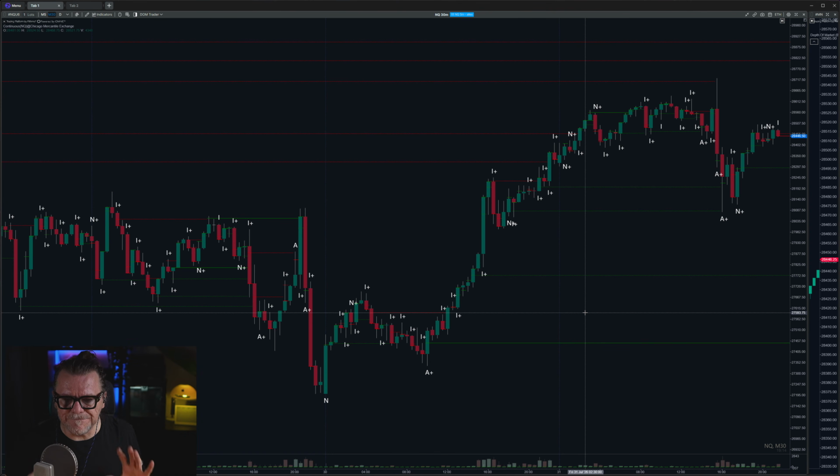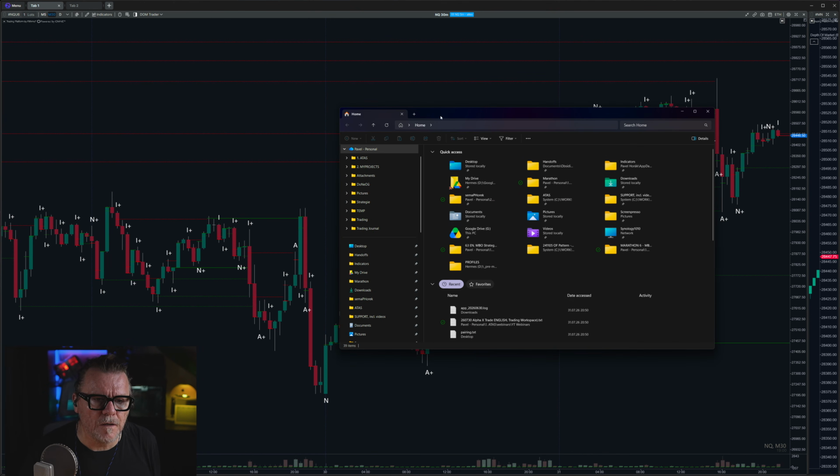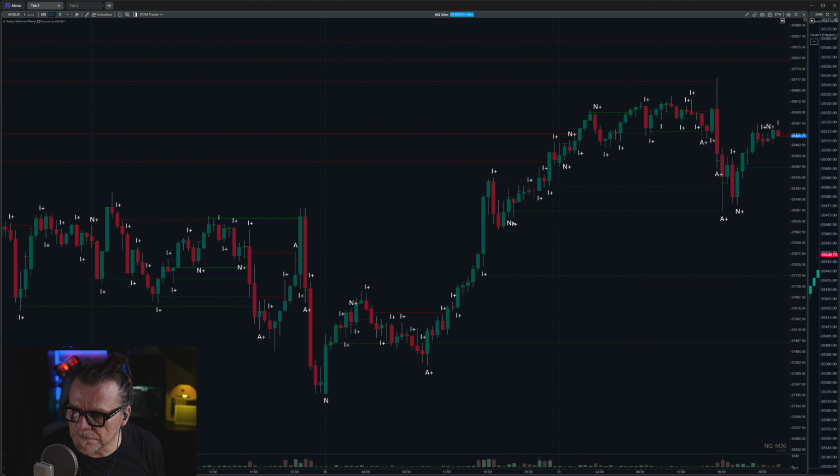So there are basically 4 setups. These are 4 setups based on order flow. Yes. And I will show you something, but I mustn't reveal the directories, because it was a video for ATAS.